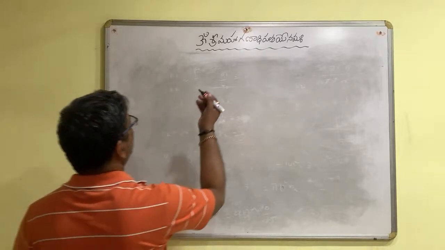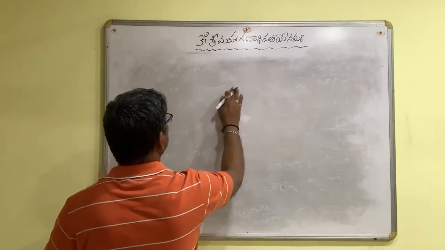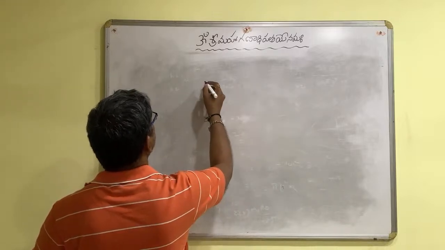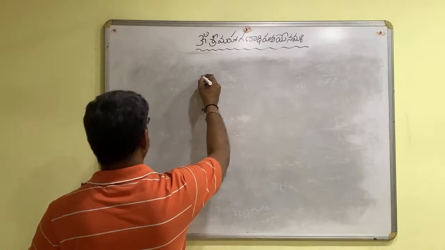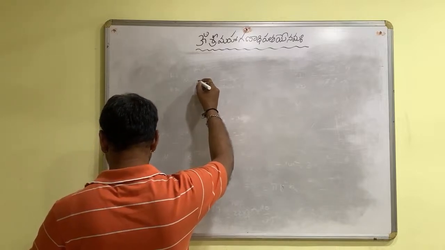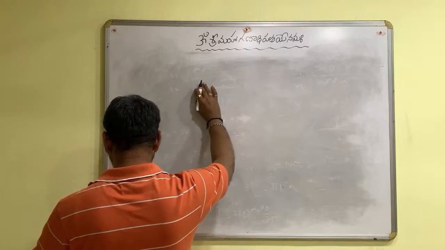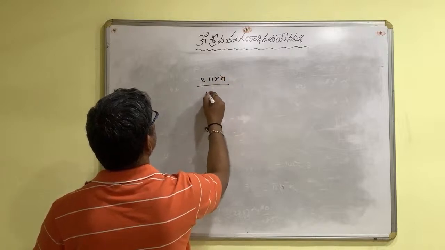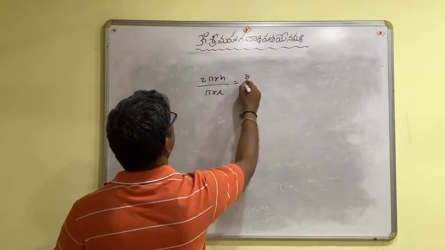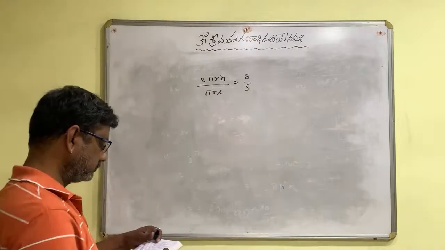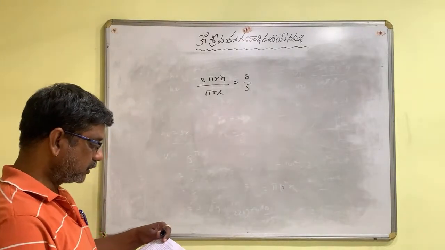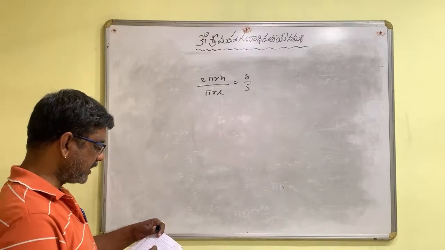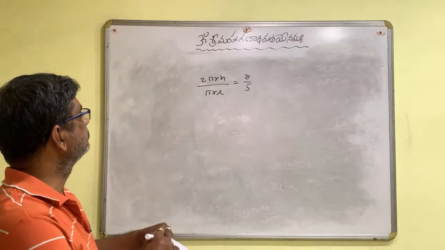Equal radii and equal heights means cone radius and height, cylinder radius and height, both are the same. If their curved surface areas are in the ratio, that means 2 pi RH by pi RL is 8/5. Show that the radius and height of each have ratio 3:4.